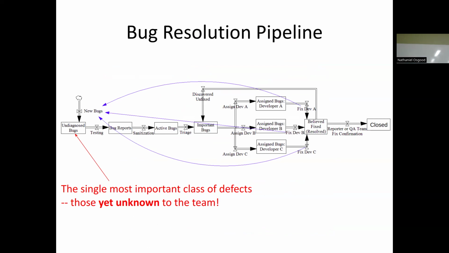So, you may not have ever thought to formally structure your understanding of this, but I put here bug resolution pipeline, though it could be called stages in a bug cycle or defect cycle. If you think about software defects, they begin undiagnosed.